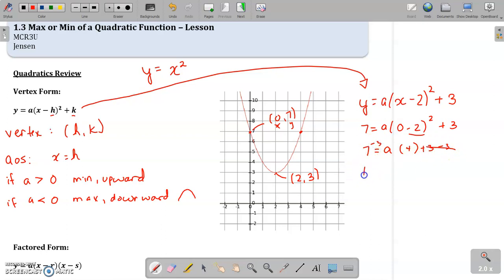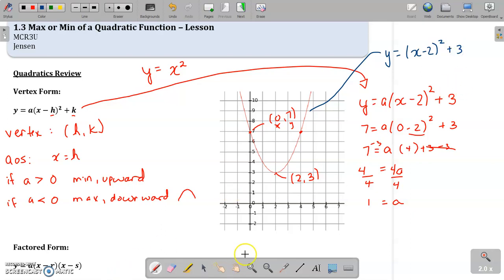So we end up with 4 equals 4a. Divide both sides by 4. And then you can see your a is 1. So that means this parabola is represented by the equation y equals x minus 2 squared plus 3.